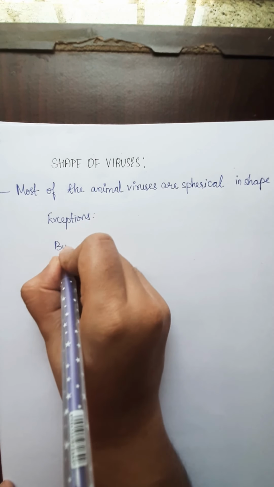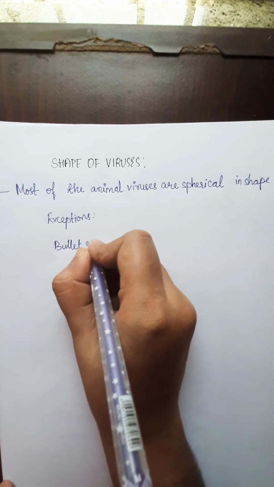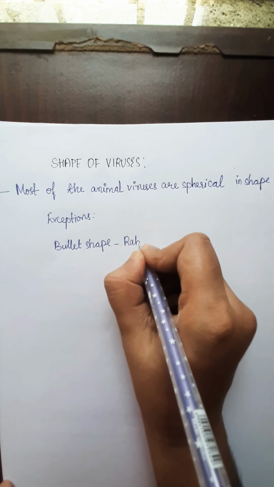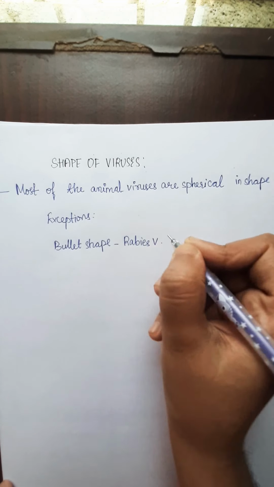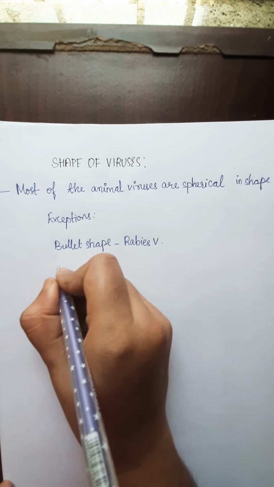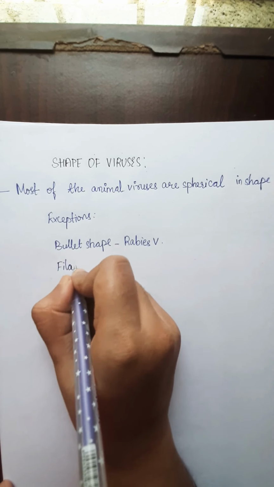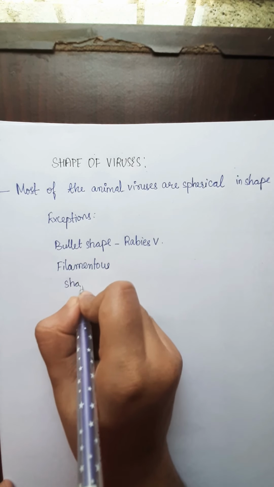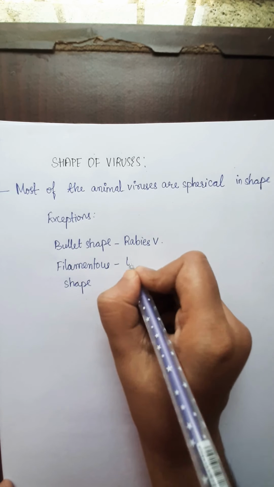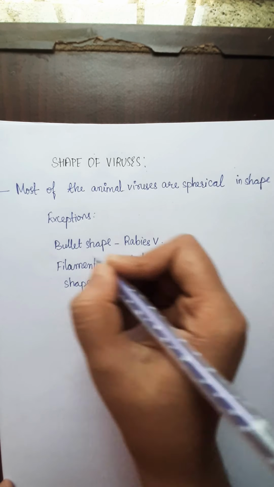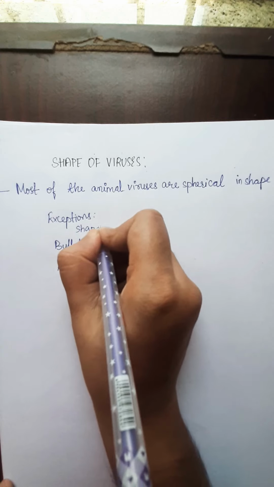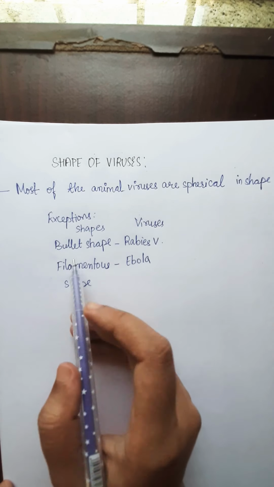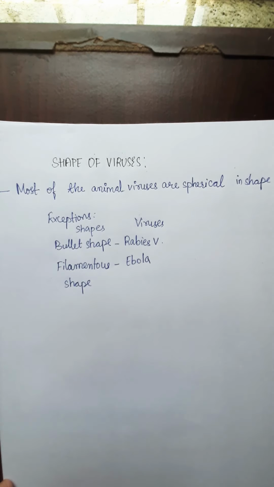Bullet shape is rabies virus. Filamentous shape is Ebola virus. Shapes of viruses: bullet shape, rabies virus.